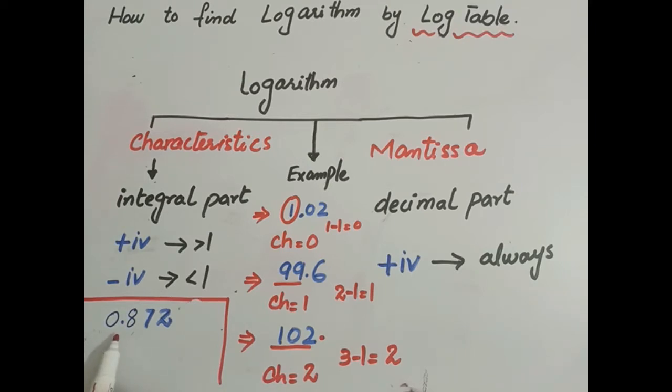So how many digits are there in this integral part? There is no digit, so no digit means 0. And I have told you that you have to subtract 1 from it, so it will be -1. And whenever we have a negative characteristic, we write it down as 1 bar.